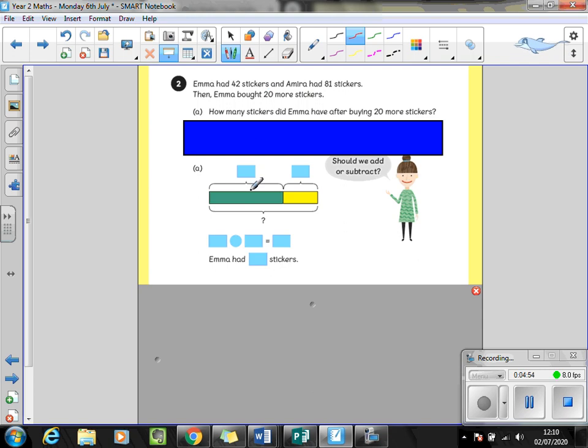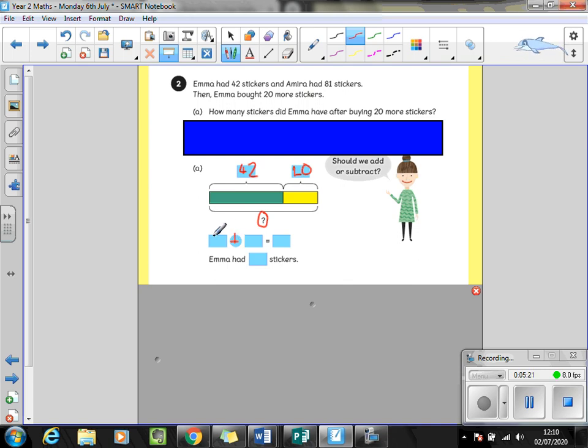So thinking about our known numbers, we know that the green bar represents the 42 stickers that Emma had originally. And the yellow bar represents the 20 extra stickers that Emma had. So the calculation we're trying to work out is this question mark, how many altogether? And of course, when we're trying to find out how many altogether, we are going to add.